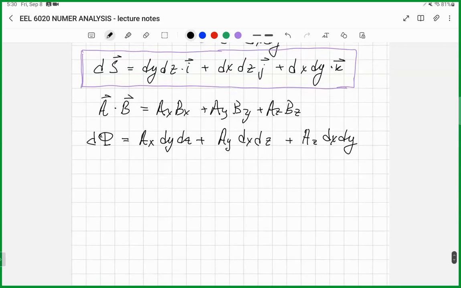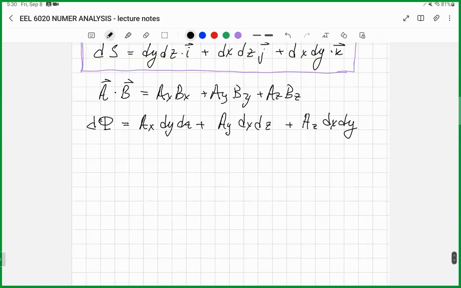Okay, so now let's consider the total flux through the enclosed surface. For example, let's consider axis x, and two areas orthogonal to this axis x.